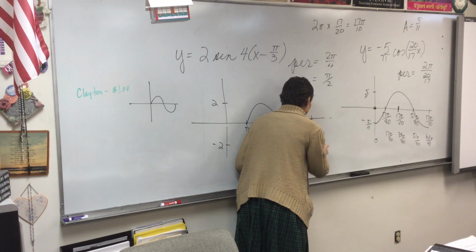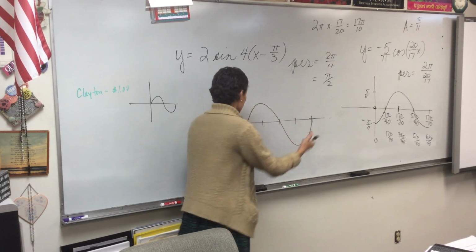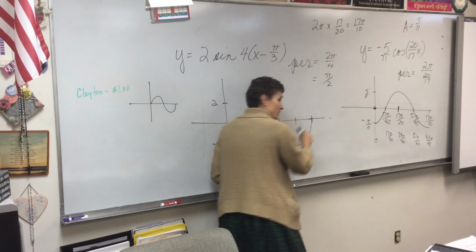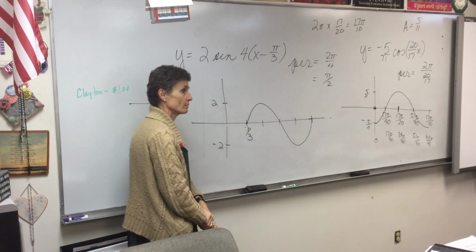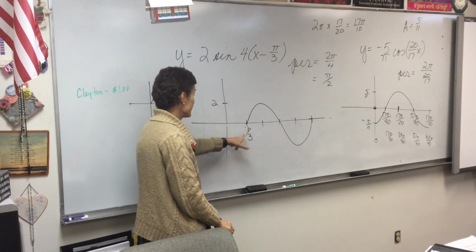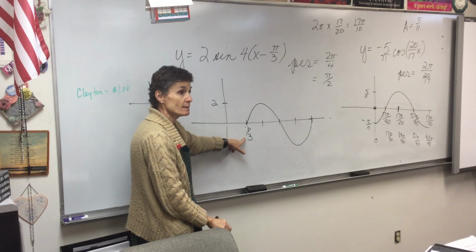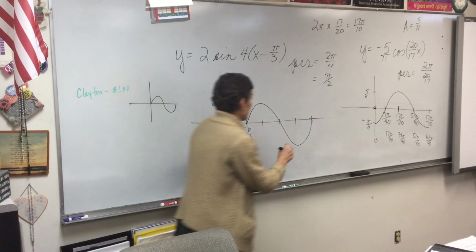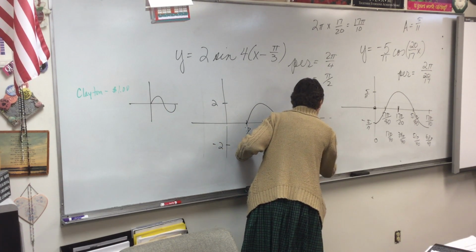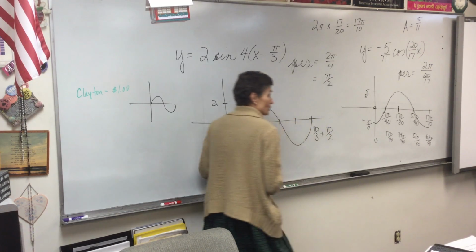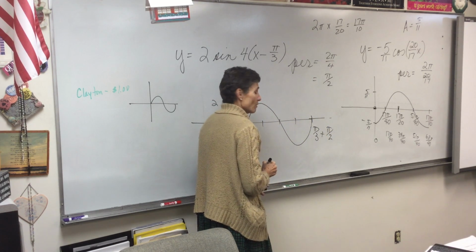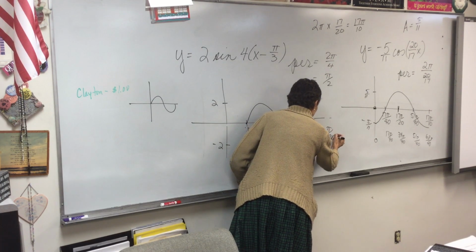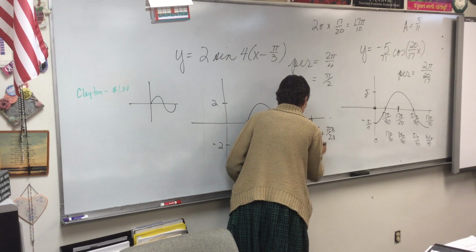So how am I going to find out what that end label is down there? Take pi over 3 and add pi over 2 to it. So this is going to be pi over 3 plus pi over 2. Fractions. Common denominator. That's going to be 5 pi over 6.